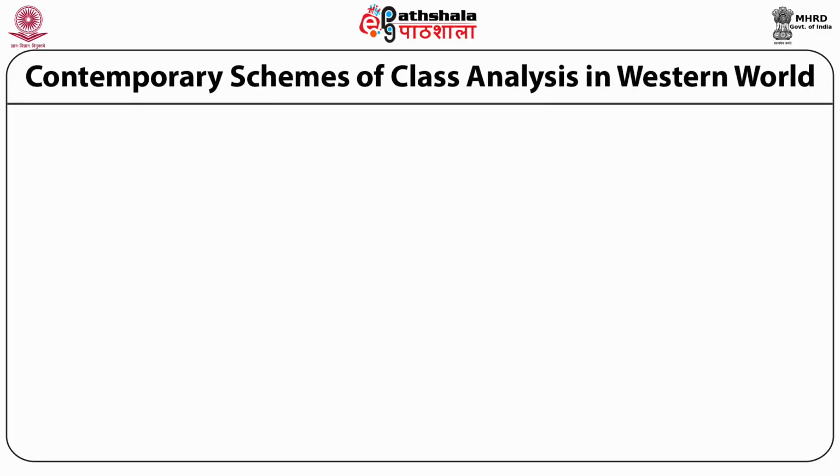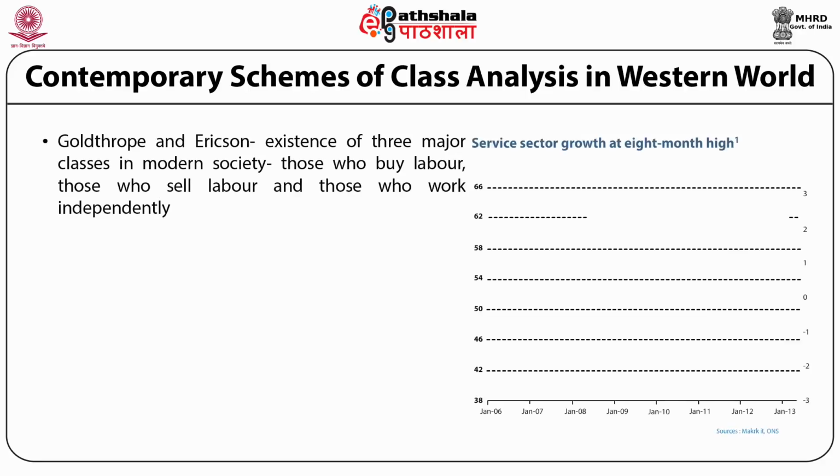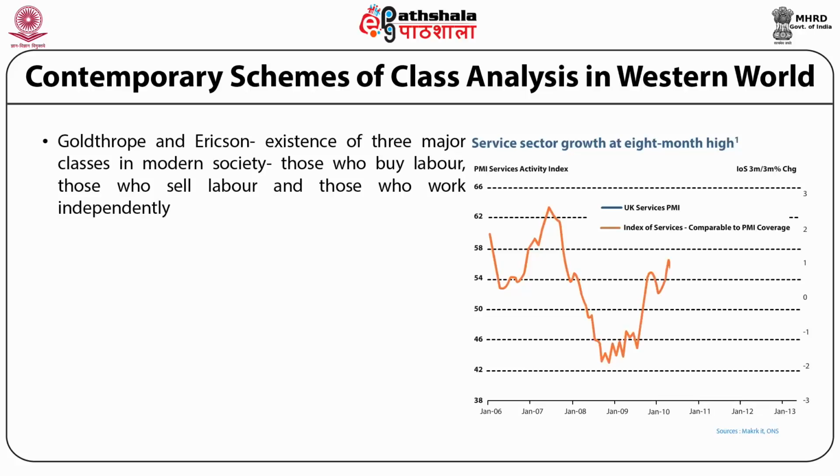Now let me come to the contemporary schemes of class analysis in the Western world. And in this I would first mention the views of two scholars named Goldthorpe and Erikson. Goldthorpe and Erikson observe the existence of three major classes in contemporary modern Western societies.